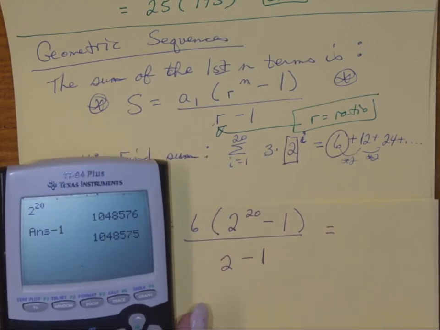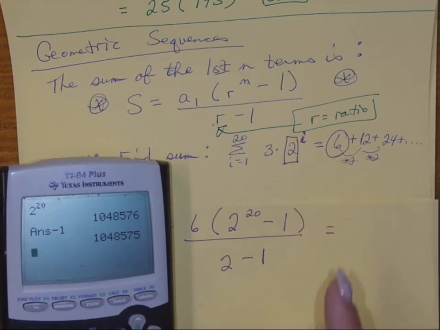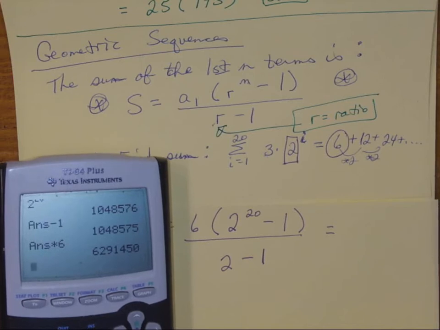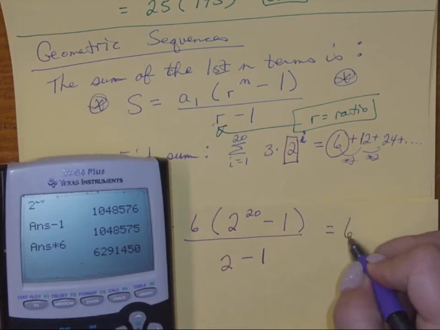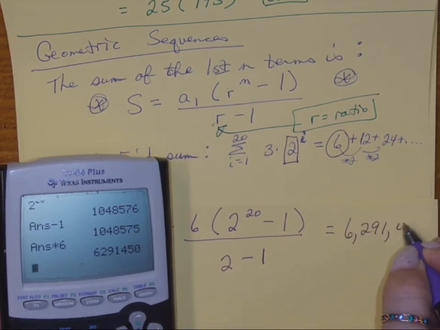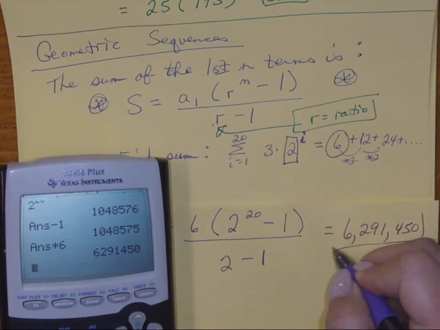I'm going to multiply that by the first term, which was a 6. Still a pretty big number. That's 6 million. And I'm going to divide it by 2 minus 1. But hey, look, 2 minus 1 is just 1, right? So I don't need that. So this is actually my number. That's 6,291,450.